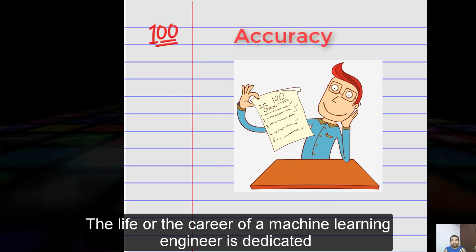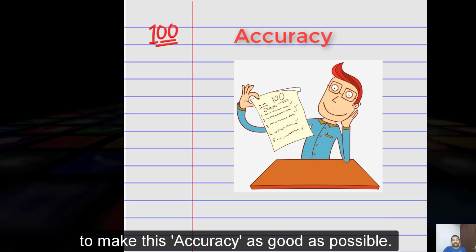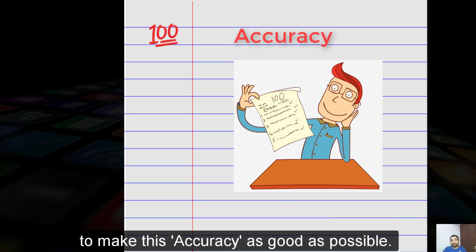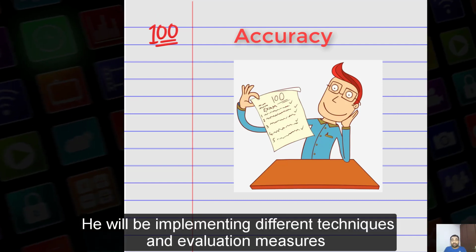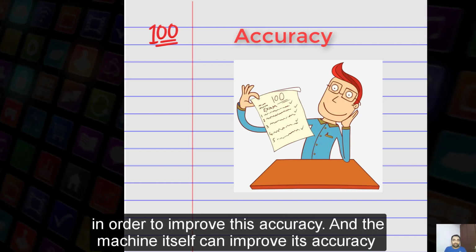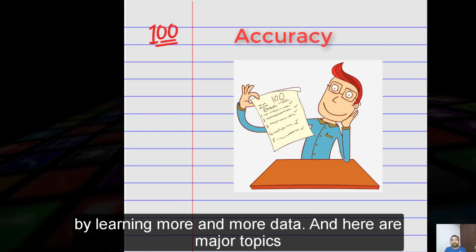So the career of a machine learning engineer is dedicated to making this accuracy as good as possible, and he will be implementing different techniques and evaluation measures in order to improve it. The machine itself can also improve its accuracy by learning more and more data.